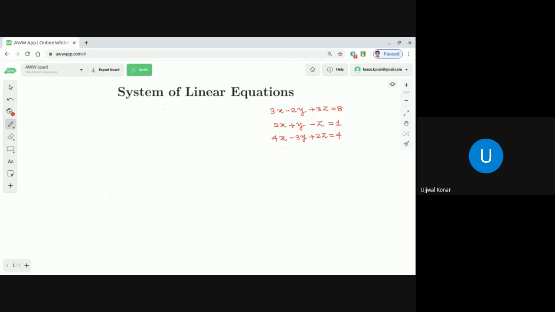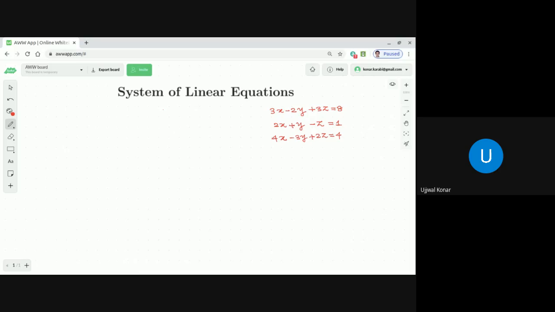Dear students, if I give you one equation or two equations with three unknowns, you can find many solutions. The general principle in solving equations is that the number of equations should be the number of unknowns so that we can find the solution.